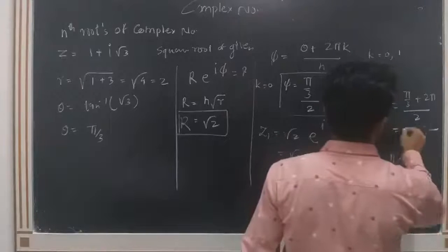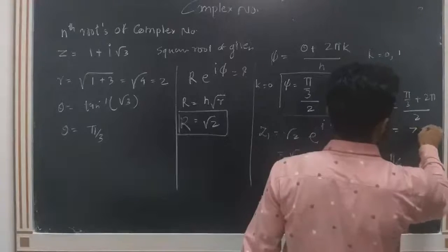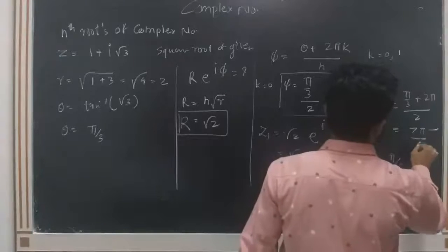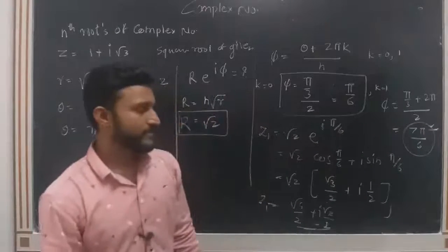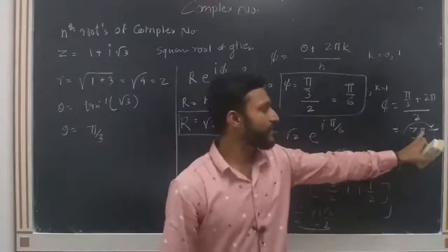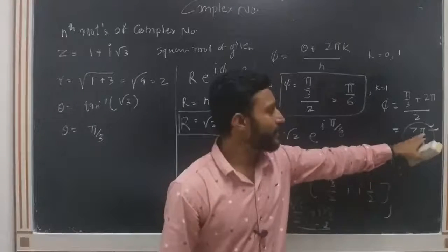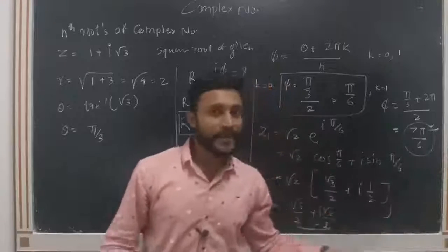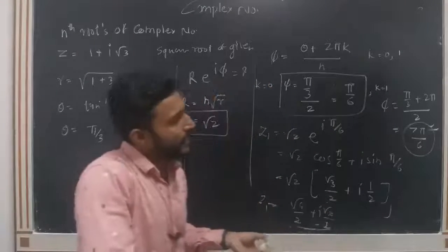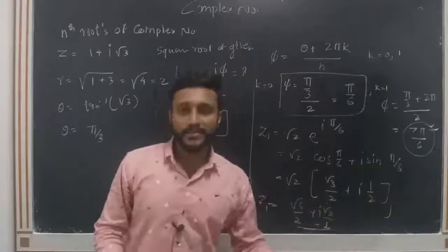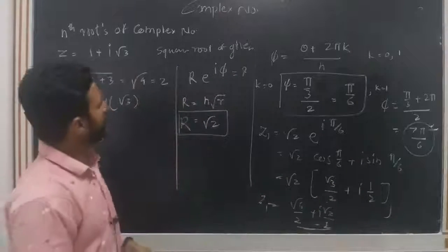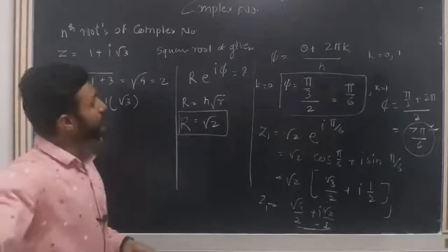So here, 7 pi by 6. Multiply this 7 into 180 and check at which quadrant this angle will come, and according to the condition you can give the sign to the given angle, right? I hope it is also clear.